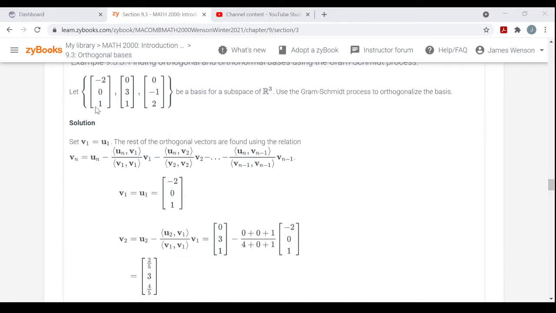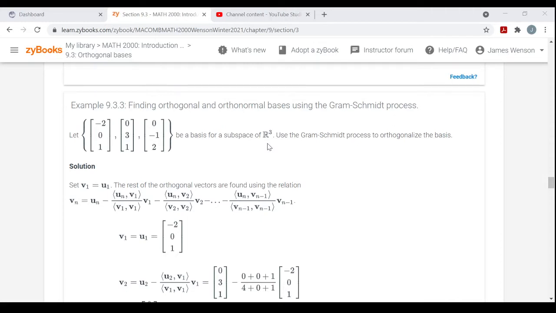All right, so here, this set of three vectors is a basis for a subspace of R3. You're asked to use the Gram-Schmidt process to orthogonalize the basis.